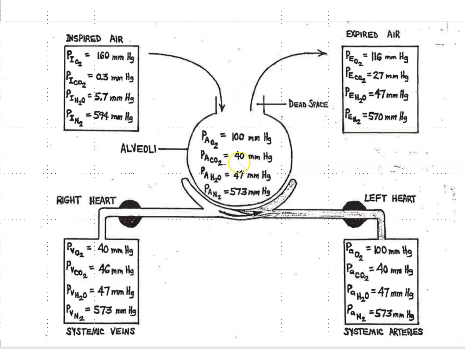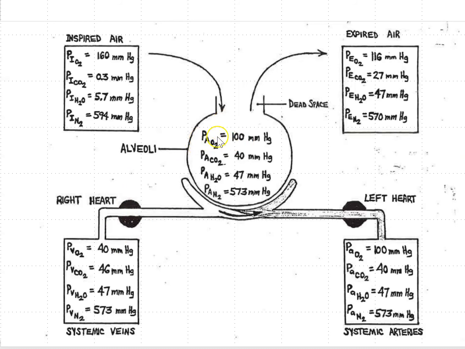So it dumps off CO2 because the pressure of CO2 is high in the blood vessel. And on the other hand, O2 over here has really high partial pressure compared to the blood.